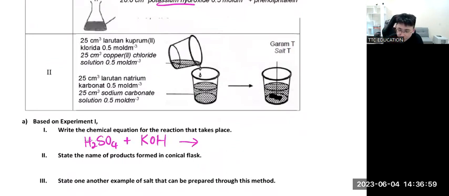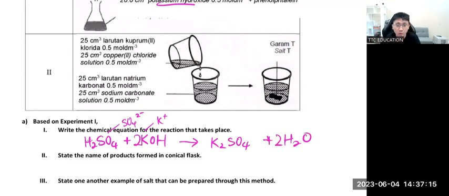Okay, correct. If you exchange partners, you will get K2SO4. Why K2? Because K is plus and SO4 is 2 minus. So K2SO4, and then H2O. But this one, you have to balance the equation: H2SO4 + 2KOH gives K2SO4 + 2H2O.